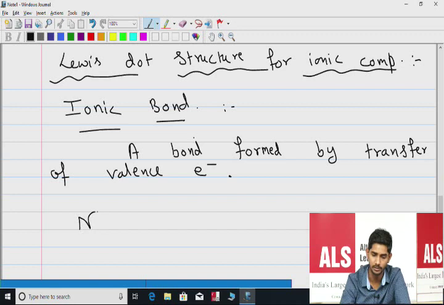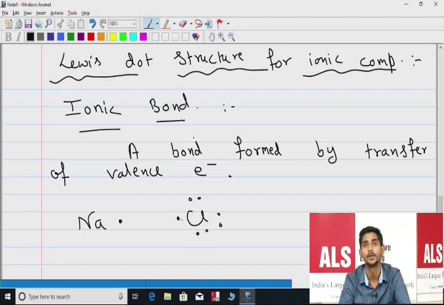Guys, look at this. Let's say suppose this is sodium, and we have got chlorine over there. We know that everyone wants to complete their octet. Sodium has an extra electron and chlorine has one electron less than its octet.